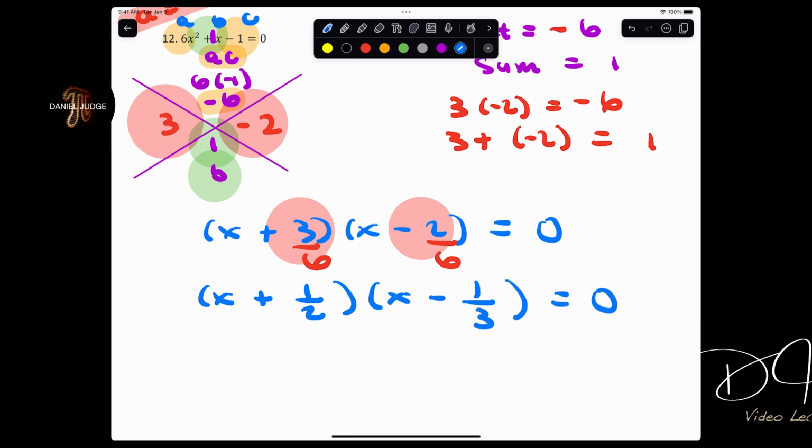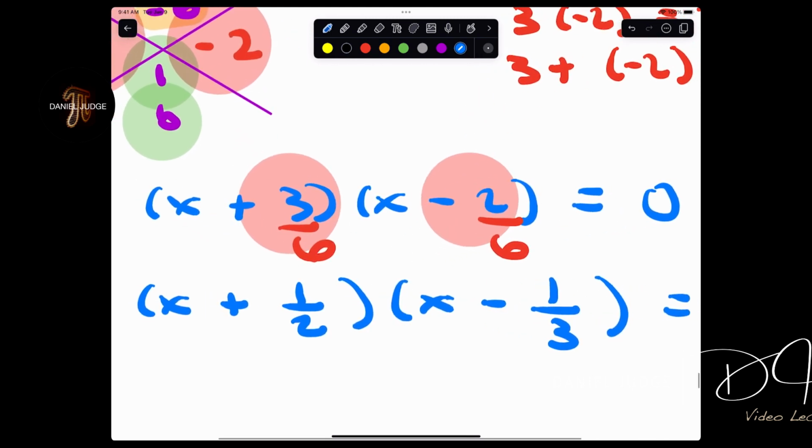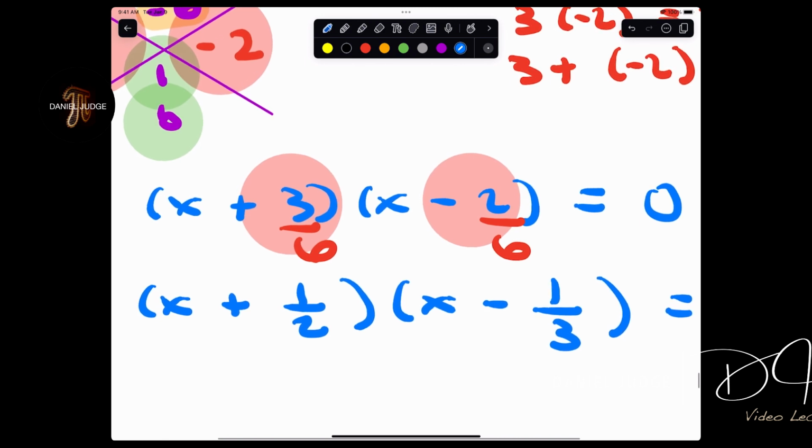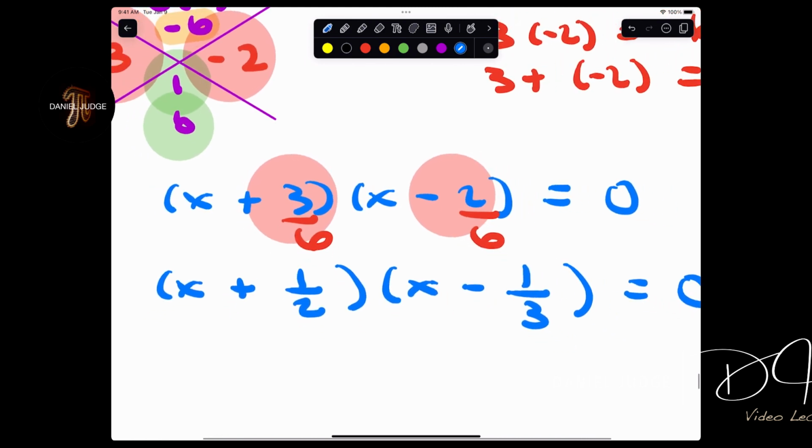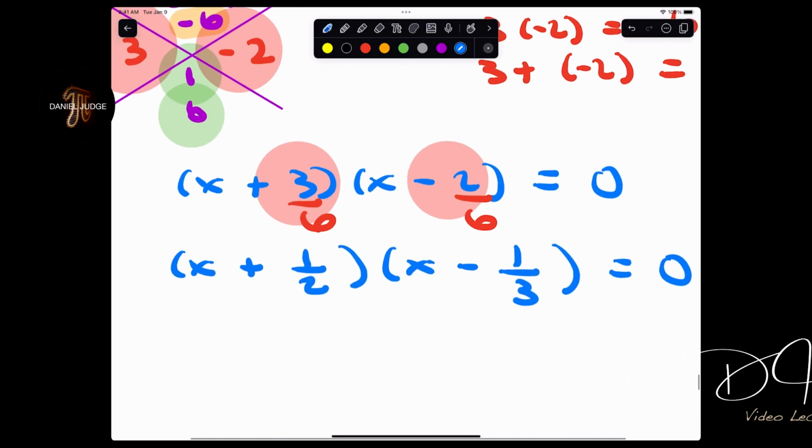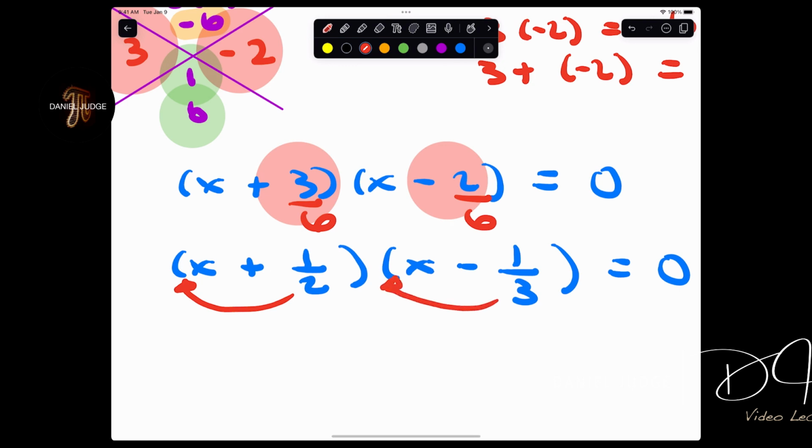There we go. Now we're fine. I said, wait a minute, something's very wrong. Yes, you must reduce your fraction. 3/6 and 2/6. So 3/6 is 1/2. 2/6 is 1/3. But still you have a problem because 1/2 is 0.5 as a decimal. I'm going to have to move the 2 in front of the x. 1/3 is 0.3 repeating as a decimal. I have to move the 3 in front of this x.